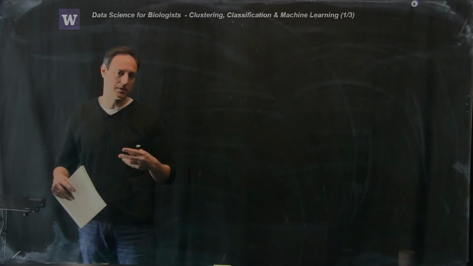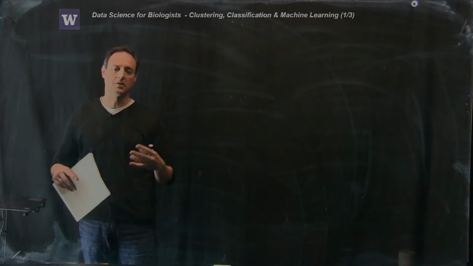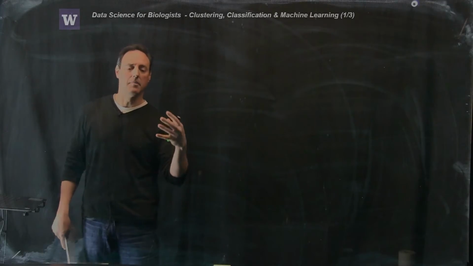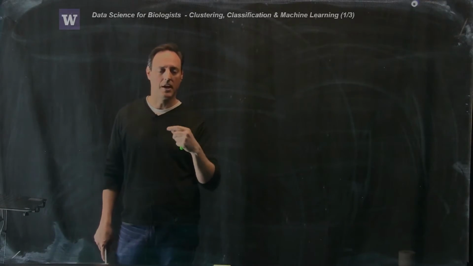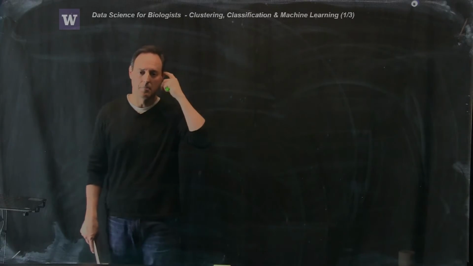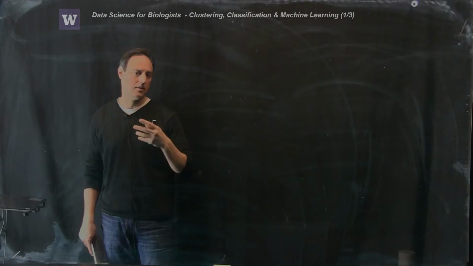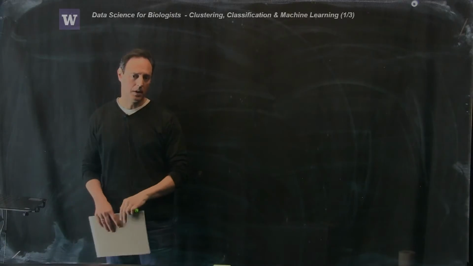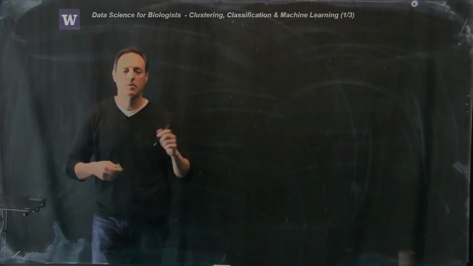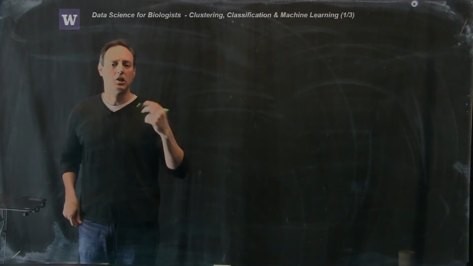And there's also the idea of regression: can I take my data and do curve fitting to it so that I can make predictions based upon that data and apply it to new data? Okay, so we're going to talk about some of the key ideas, and they revolve around this idea of learning from your data.